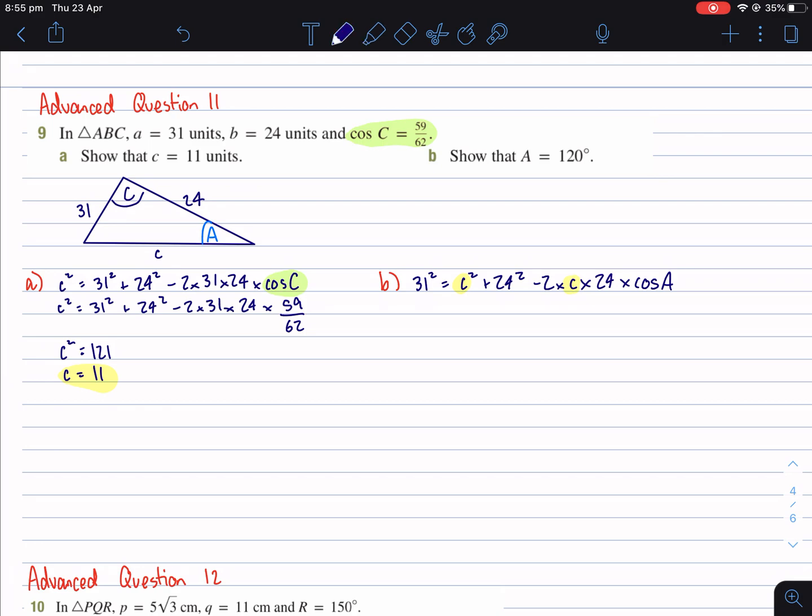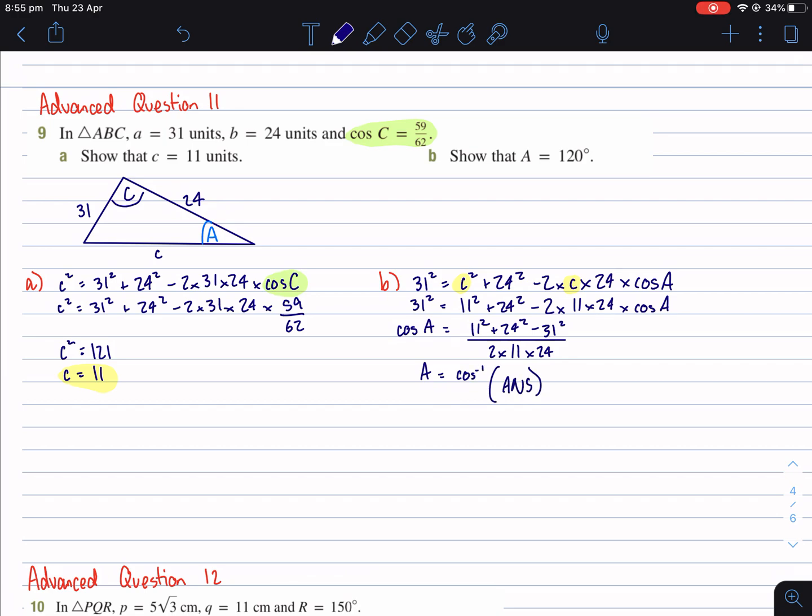So I'm going to rewrite this with 11. 31 squared equals 11 squared plus 24 squared. I suppose we could have always used the sine rule instead, but no. I hate the sine rule and I'll always use cosine if I can. Take 2 times 11 times 24 times cos big A, which means cos big A equals 11 squared plus 24 squared, take 31 squared over 2 times 11 times 24. So big A is the arc cos of this.